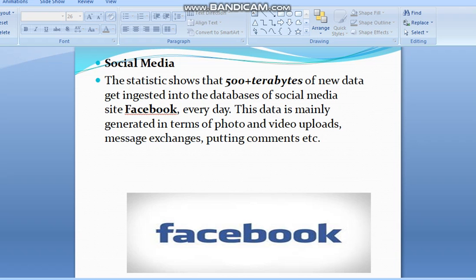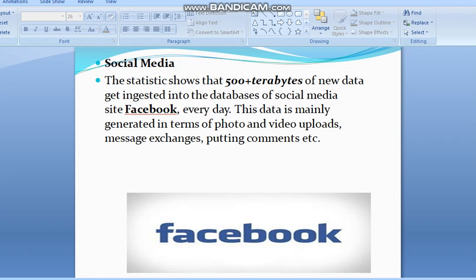In 2020, social media reached 44 trillion gigabytes. This amount of data was generated in 2020, and with such an enormous amount of data available, marketers are able to utilize it.